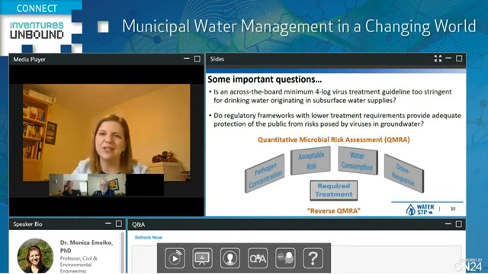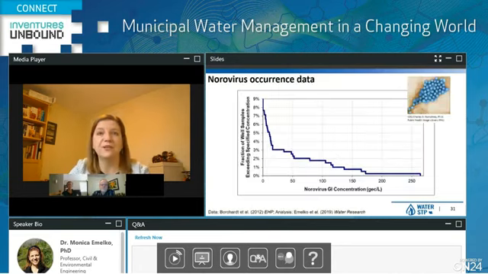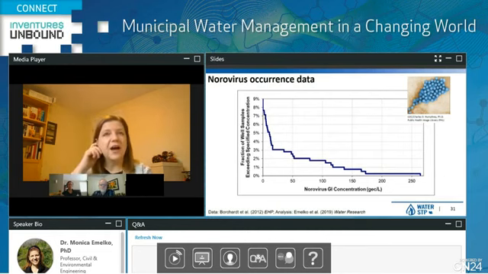So let's look at this in this context. So here we used norovirus occurrence data as the virus we were analyzing, because we had access to a community intervention trial that actually occurred in the United States with our colleague Mark Borchardt in Wisconsin. And that trial was exploring whether or not implementation of UV disinfection affected rates of acute gastrointestinal illness.